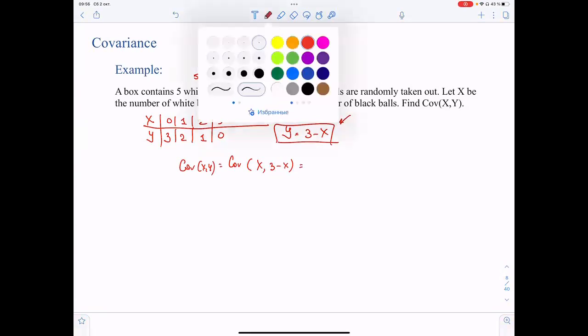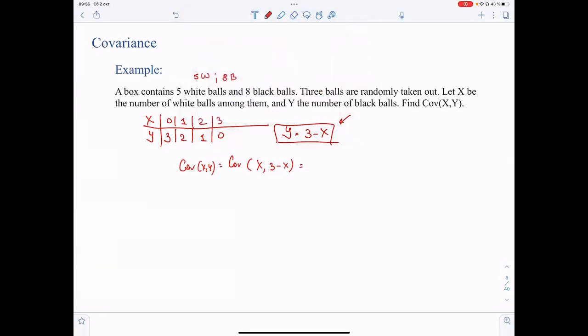Then I have a covariance that could be split according to the properties we just discussed: x and 3 covariated plus x and minus x. The first covariance is 0 by definition because one of the elements of the covariance is a constant. Then the minus goes outside, and I have minus variance of x.